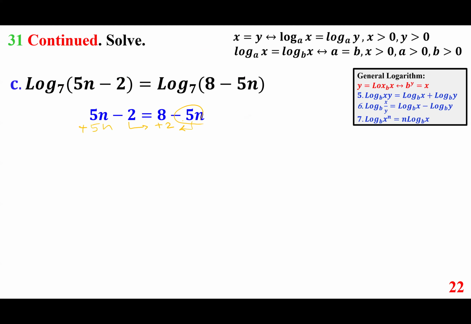We move things around. 10n equals 10 and n equals 1. And you're done, but you can quickly check to make sure each argument is positive. If I put 1 here, I get 5 minus 2, 3. And if I put 1 here, I get 3. Obviously, they're the same. But more importantly, each argument must be positive.